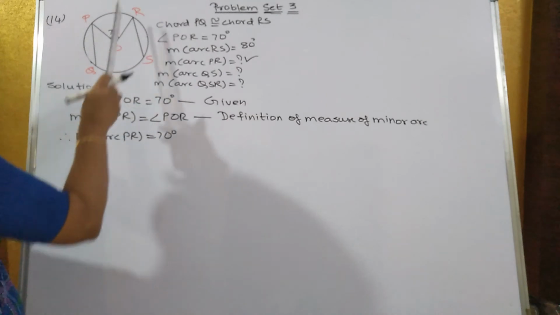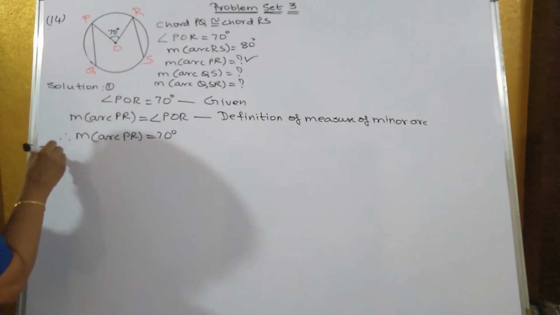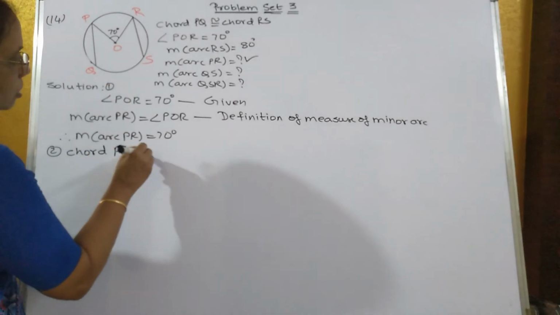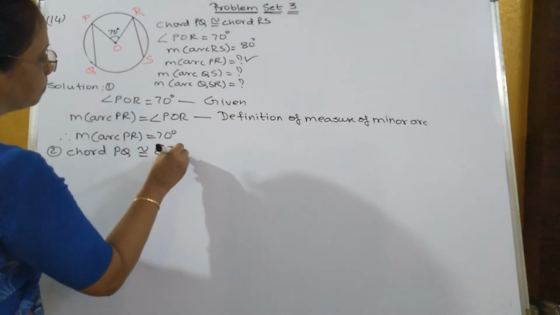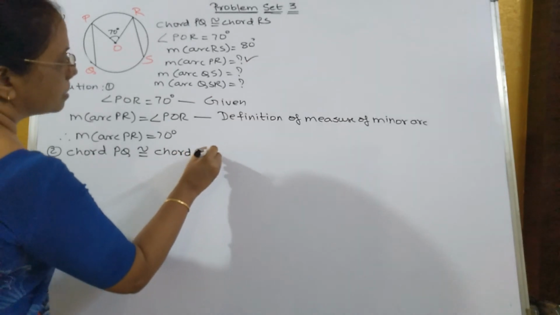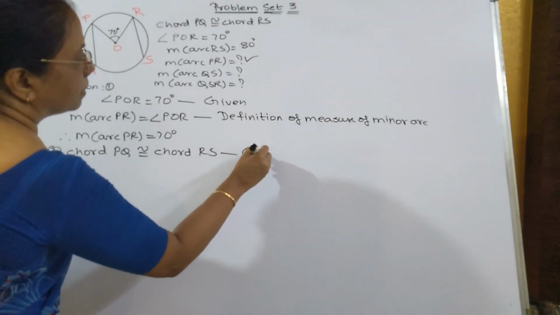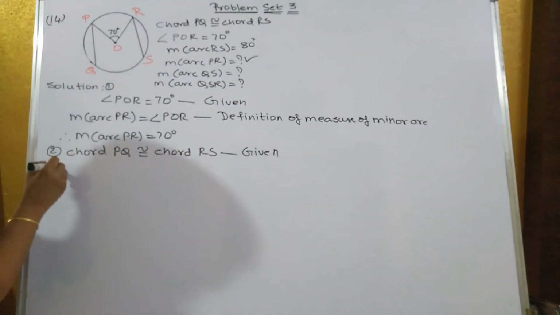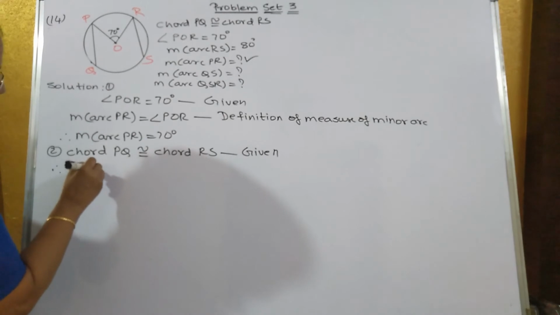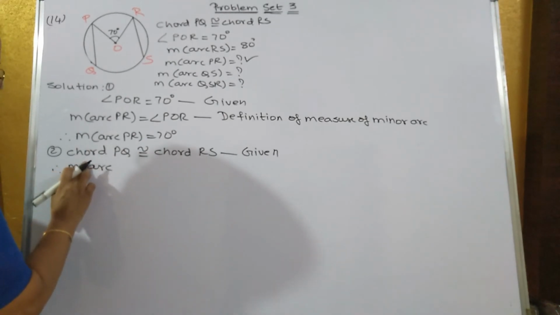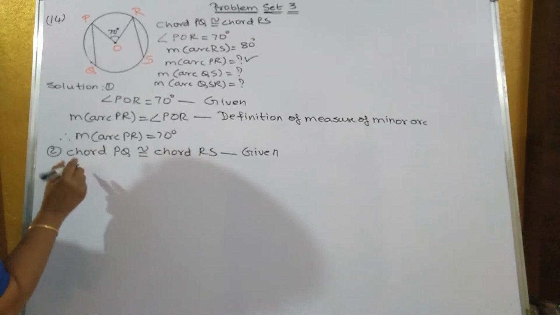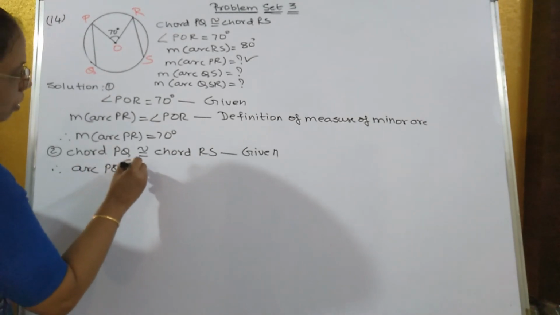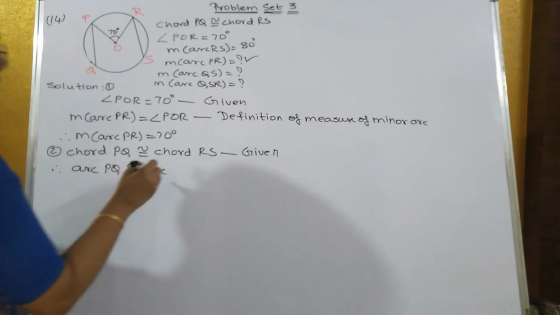Now PQ is congruent to RS, that is already given. Chord PQ is congruent to chord RS, given. Therefore, the corresponding arcs will be congruent. Therefore, arc PQ is congruent to arc RS.